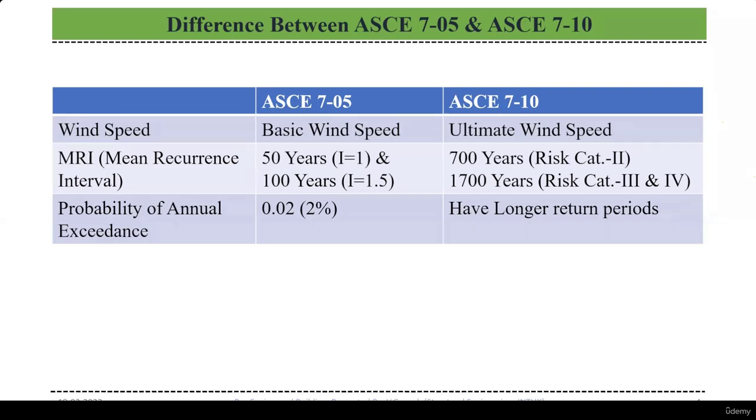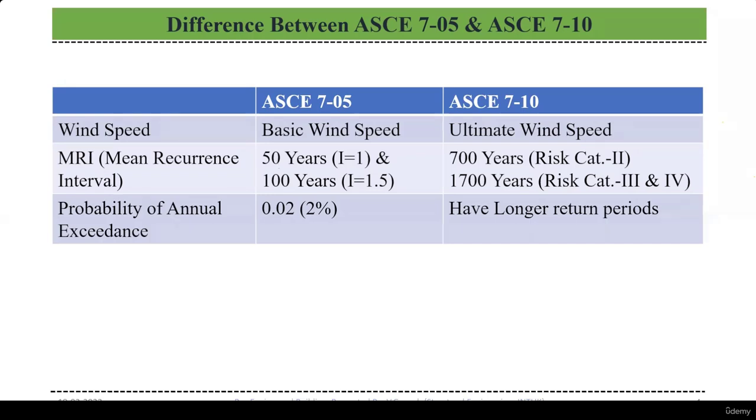If we see the probability of annual exceedance, for example, we are constructing by considering 140 kph speed. How much probability do you have that the wind speed will be exceeded in this year itself? There is 2% probability, that is 1 by 50. If you divide 1 by 50, that gives you 2%.